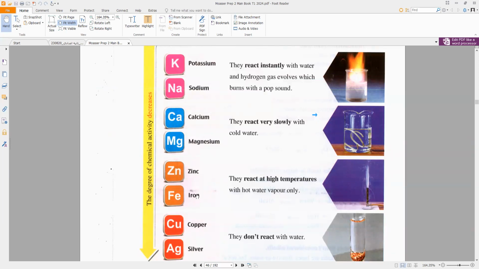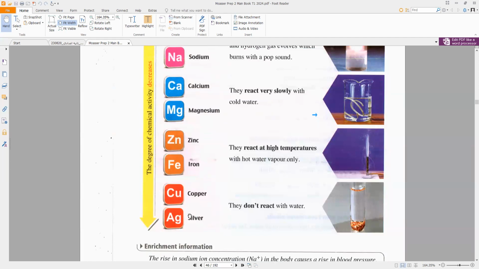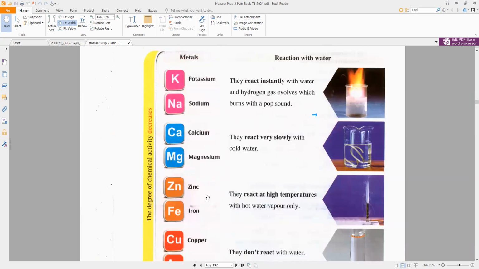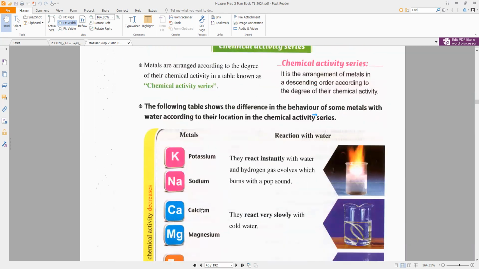They react with hot water vapor only, at high temperature. When they are on a fire and we put iron on it, it reacts with water vapor. Copper and silver don't react with water because they are inactive metals. This is the chemical activity series.